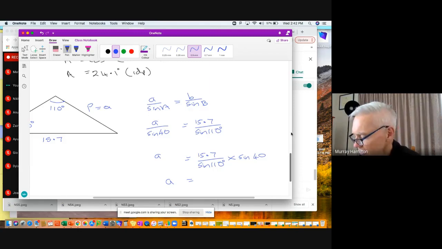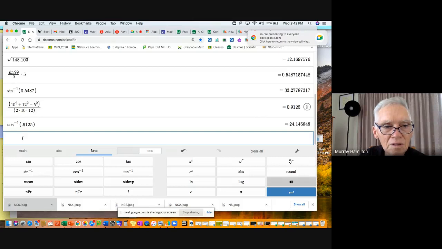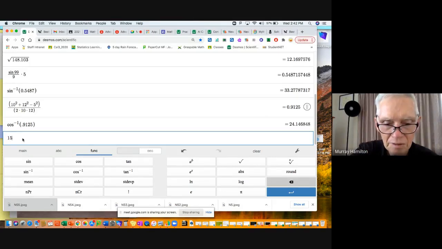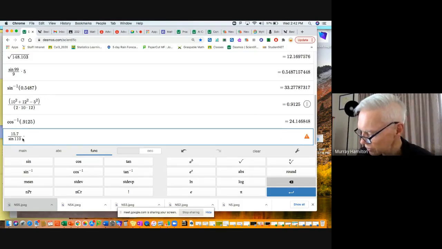So I'm going to do that now over here. Here's my calculator. There it is. So we've got 15.7 divided by sine of 110 times sine of 40.